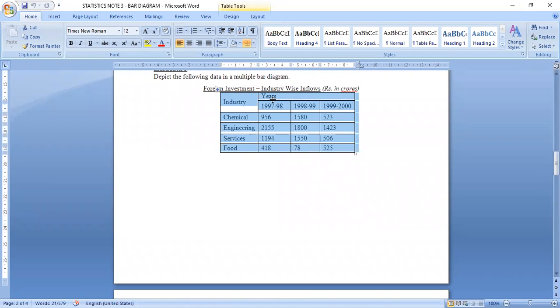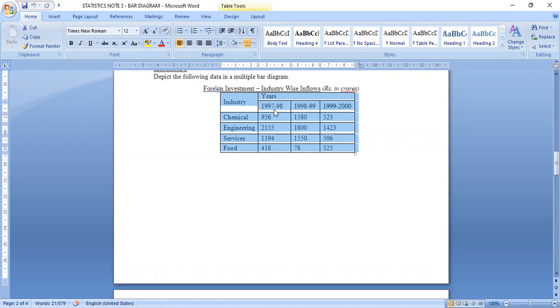I repeat, there are 3 financial years, and for each financial year there are 4 types of industry values available: chemical, engineering, service, food.